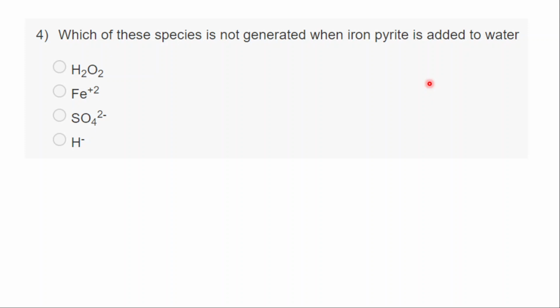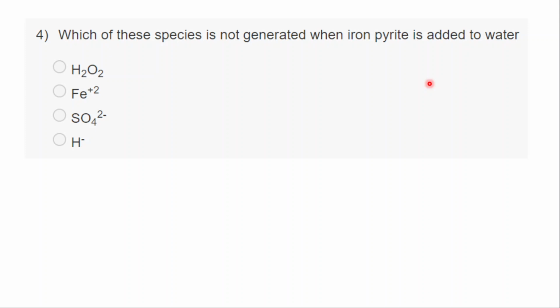Which of these species is not generated when iron pyrite is added to water? I'll repeat the question again, and students who can see my screen can follow. Which of these species is not generated when iron pyrite is added to water?